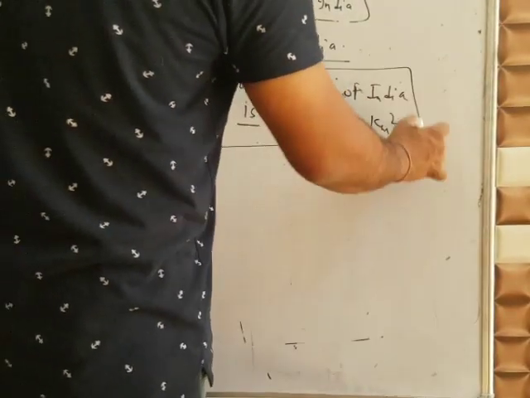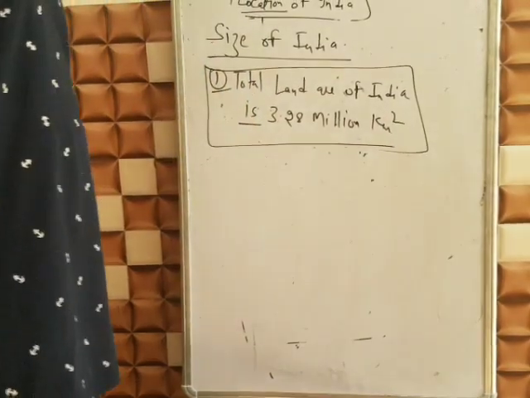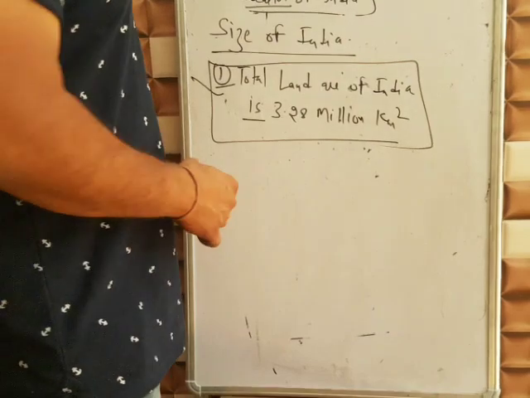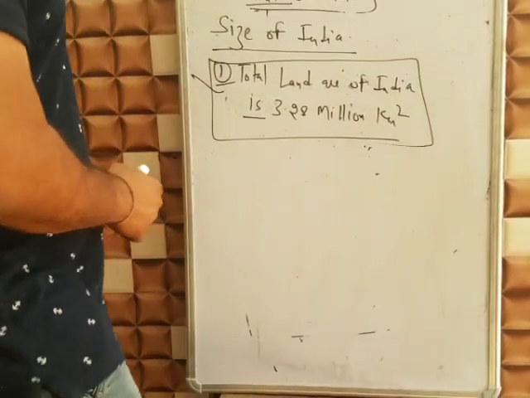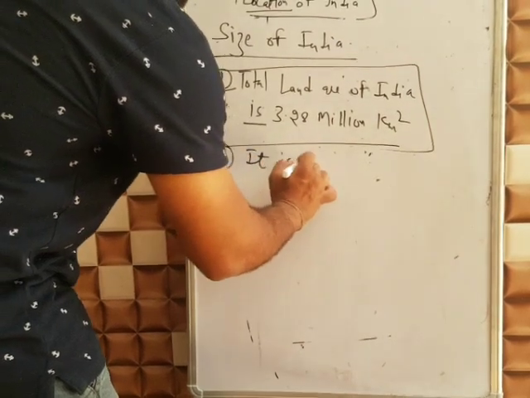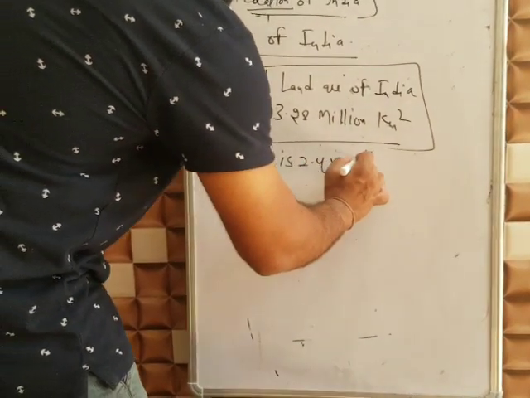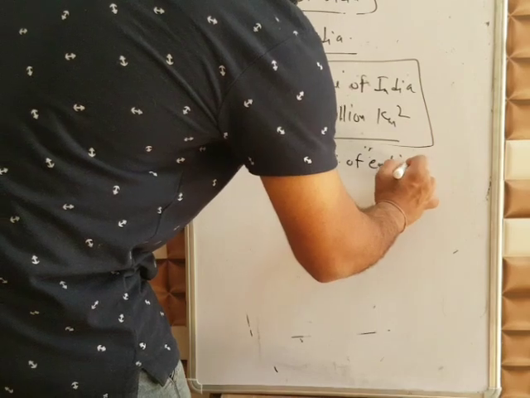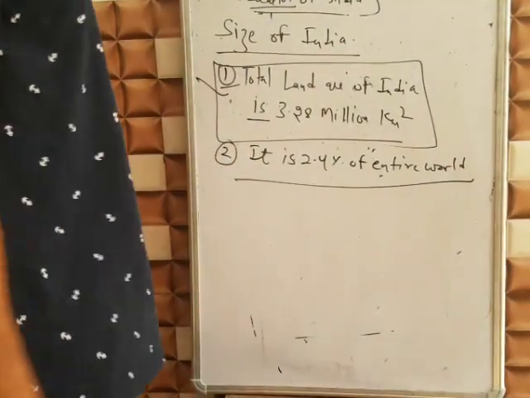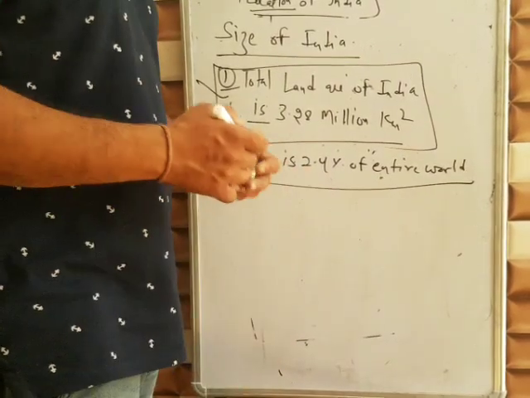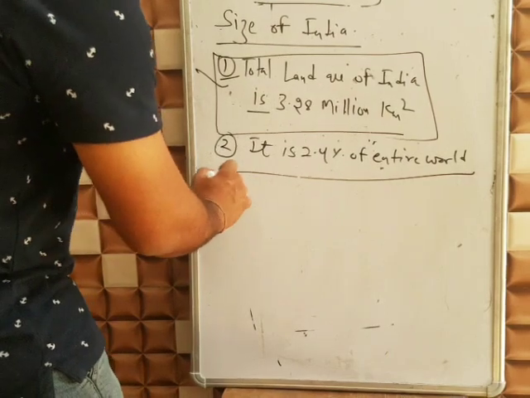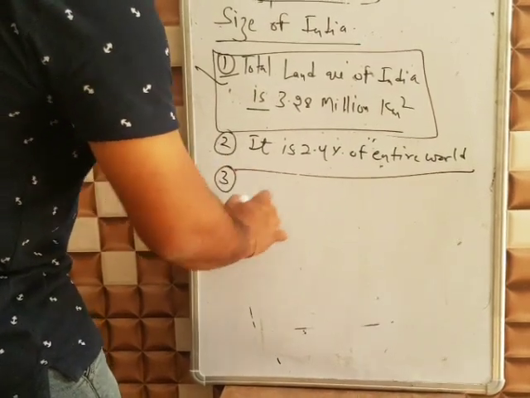This is an important thing you should know and learn for your whole life. Second, it is 2.4% of the entire world. This is also important. Of the entire world, how much? 2.4%.